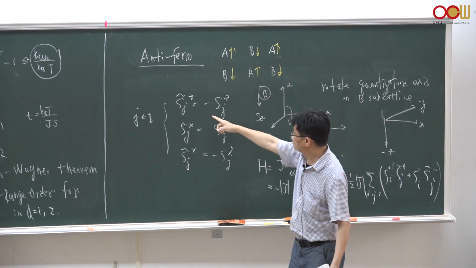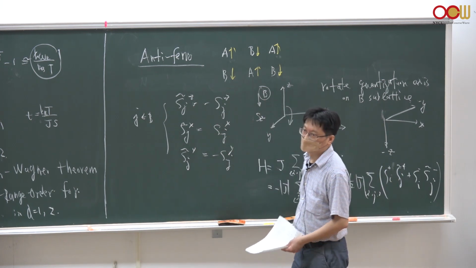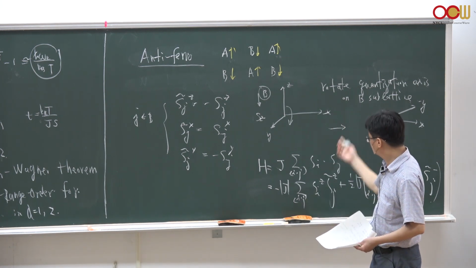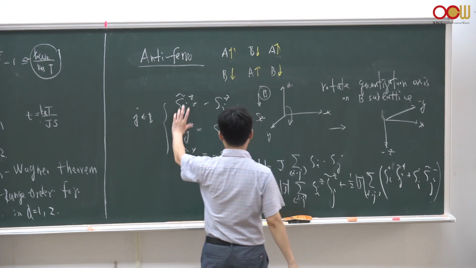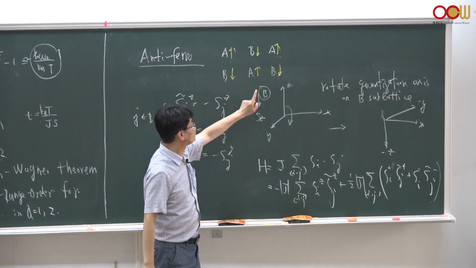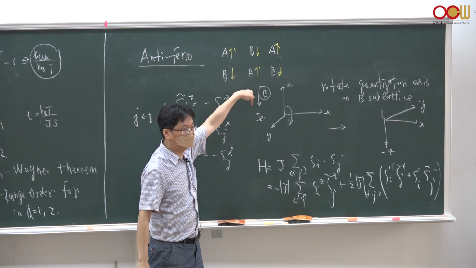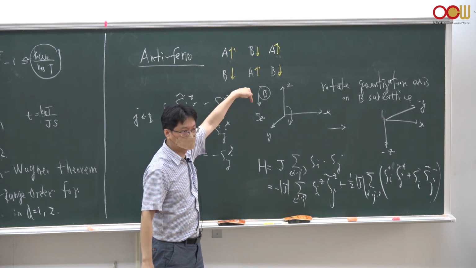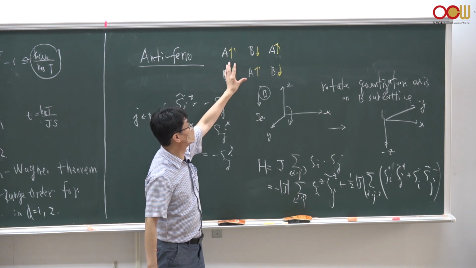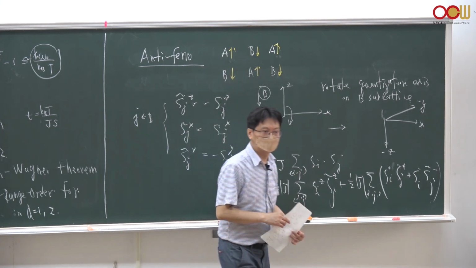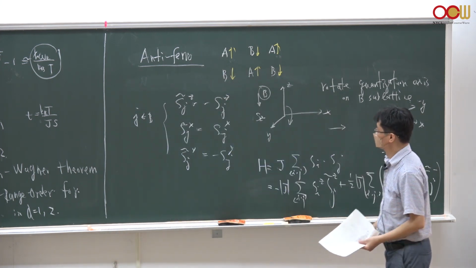In other words, if I do this spin rotation around the Sx axis, then I could flip the convention, so that spin plus 1/2 actually points downwards on sublattice B, and then all the spins are just parallel to each other.